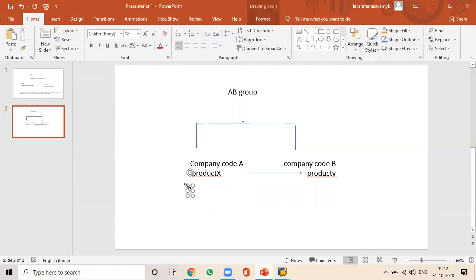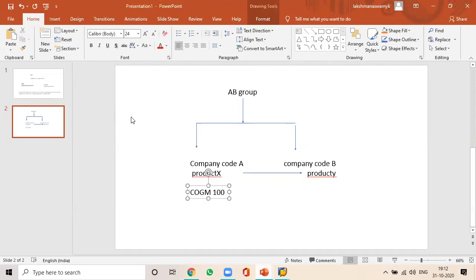Now, the cost of production or COGM is 100 rupees. The cost of production per unit of product X in the company code A is 100 rupees.